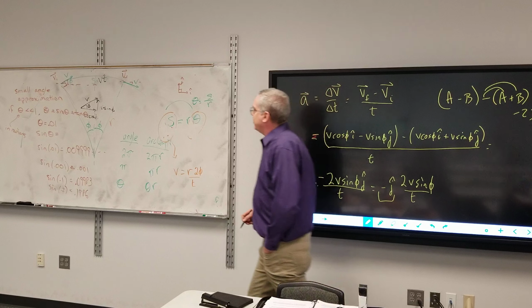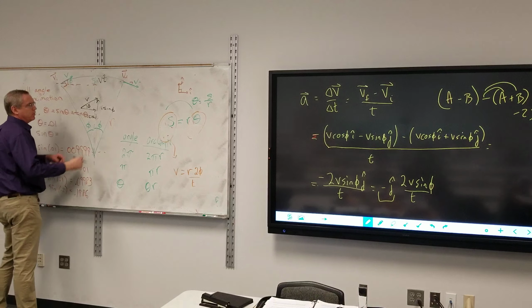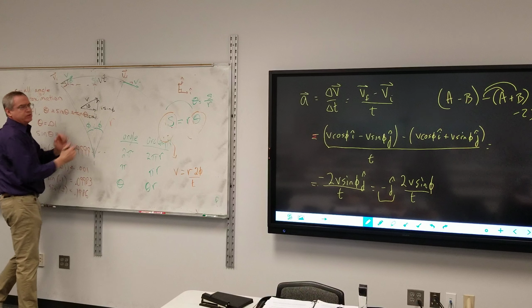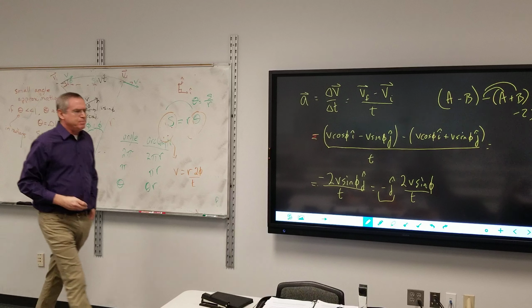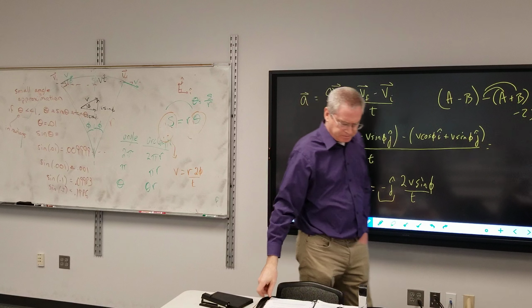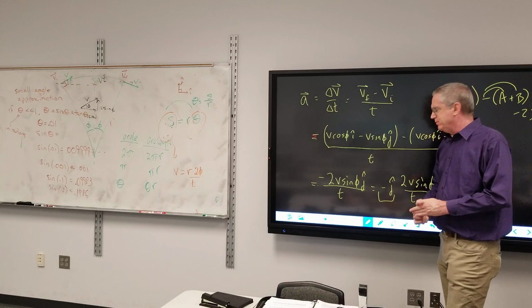So, given our problem right here, I want to find the acceleration at this point, smack dab in the middle. So what I'm going to do is I'm going to let phi become smaller and smaller. As phi becomes smaller and smaller, sine of phi gets closer and closer to phi itself.